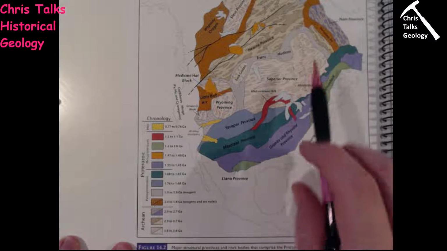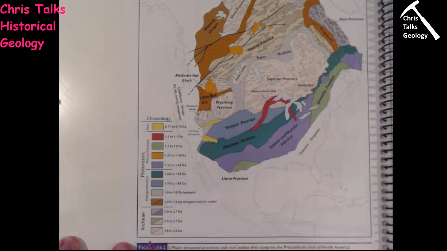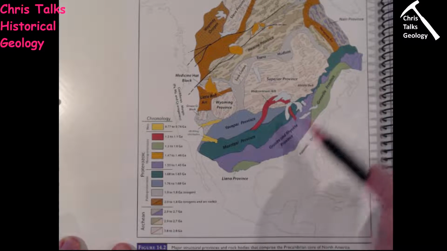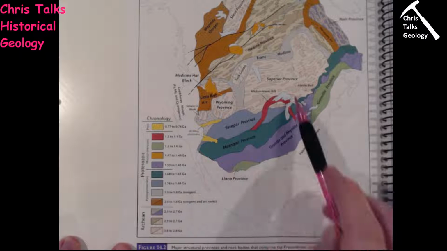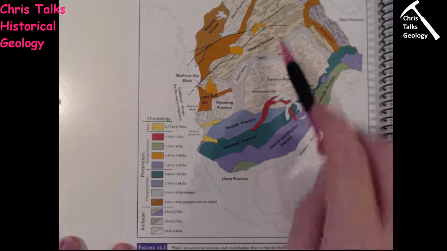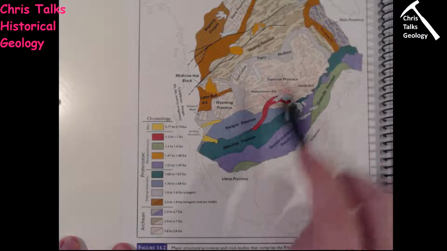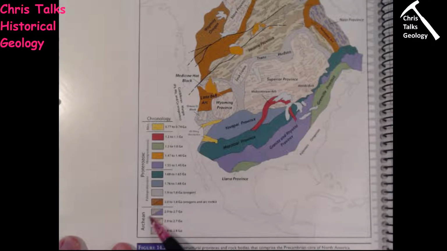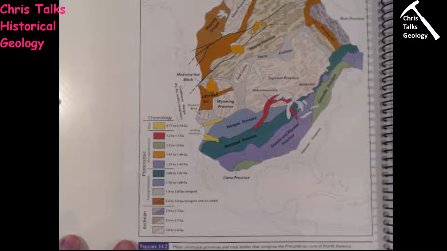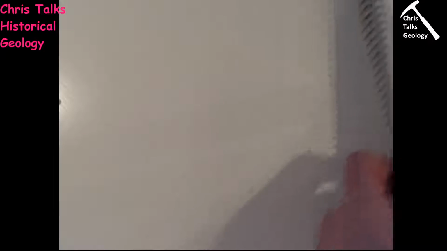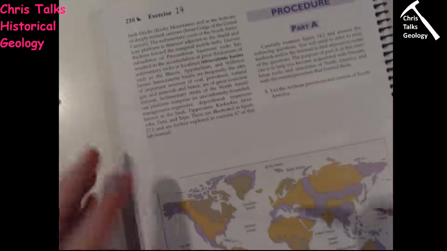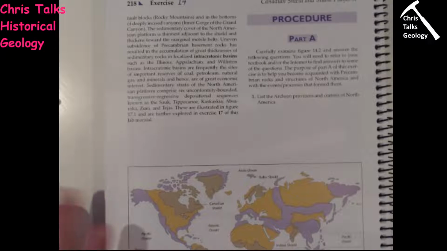What you're going to do is look for the rocks on this diagram that match these colorations. Here we have pink and brown, here we have brown and brown, and here we have grey and purple. You're going to find all the provinces that have these colorations, because they're all Archaean, and you're going to list them here. And that's it. That's all that question is asking for. Okay?